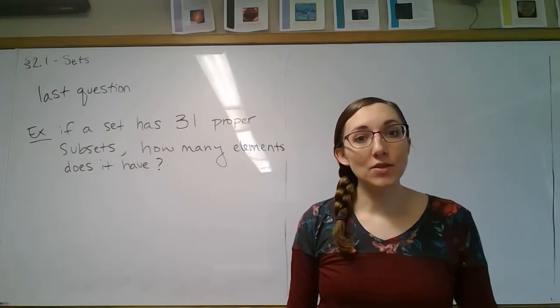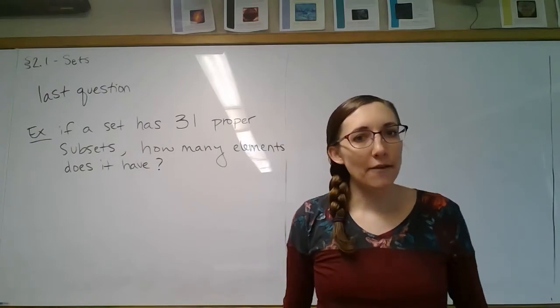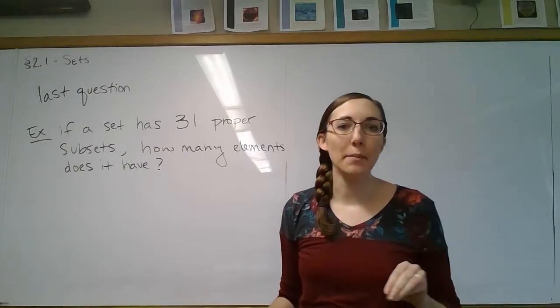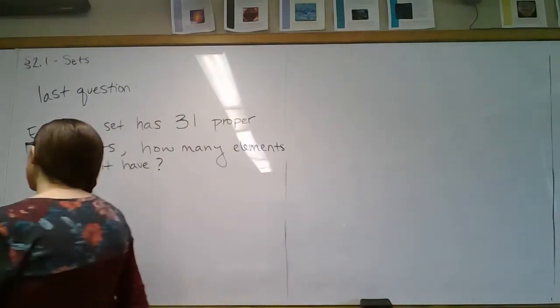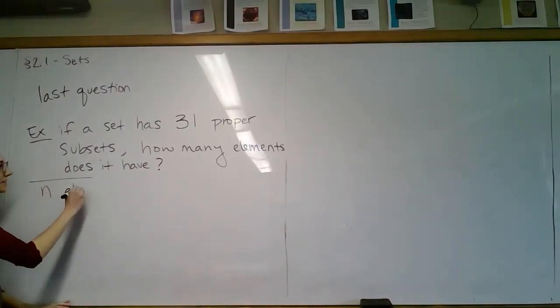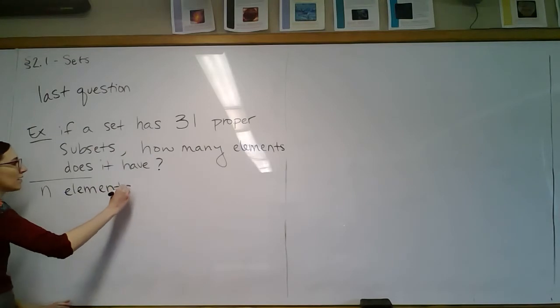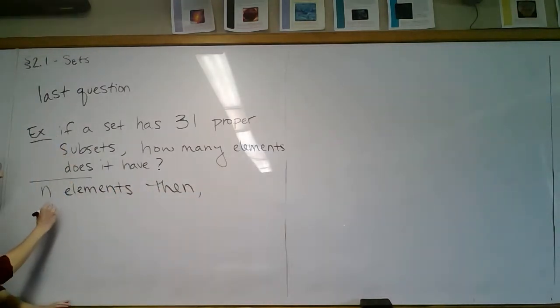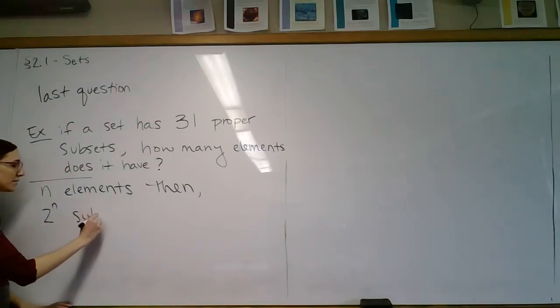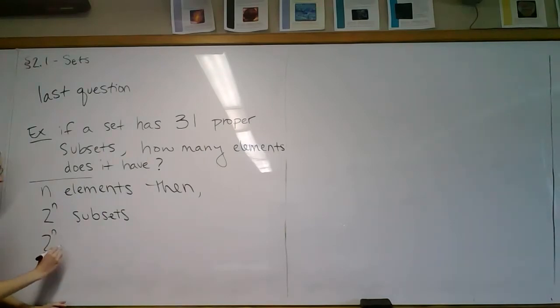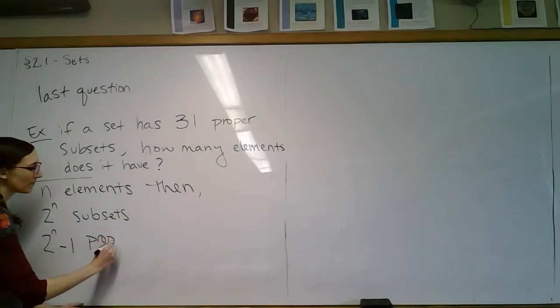As we think about this question, we still have to use the idea of knowing the relationship between the number of elements and the number of proper subsets. If we have n elements, then we have 2 to the n subsets, and we had 2 to the n all minus 1 proper subsets.